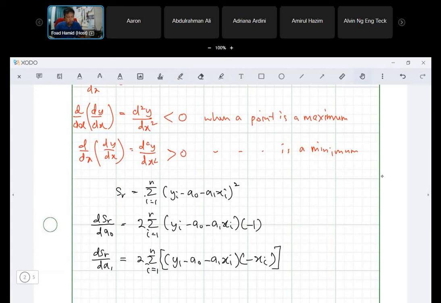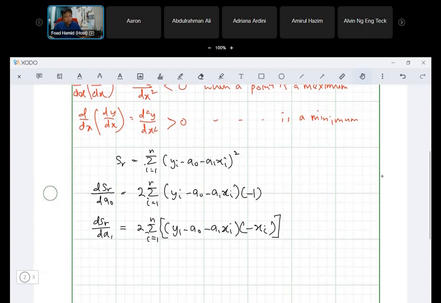And of course, everything here should be a sum. Now we have two equations and two unknowns, a0 and a1, so we need to solve for a0 and a1. You can do this using a system of linear algebraic equations. And of course, sorry, each of these should be equal to 0.